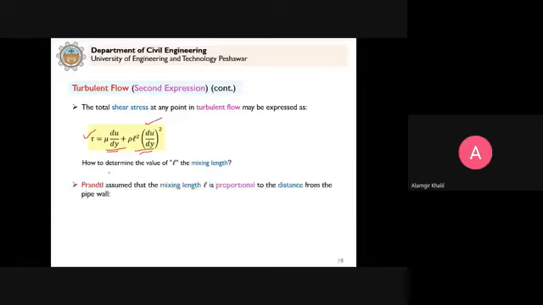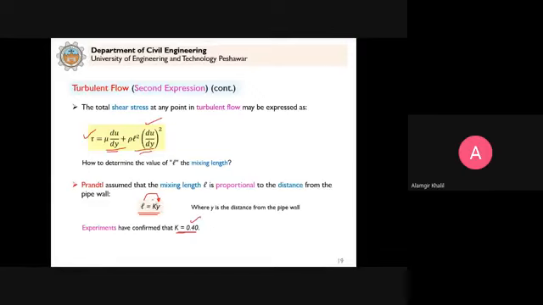Prandtl assumed that the mixing length L is proportional to the distance from the pipe wall. This was very clever thinking. Later on it was verified that this length L is proportional to the distance Y from the pipe wall. You remember Y is the distance from the pipe wall toward the center of the pipe. When you change proportionality into equality, we multiply this with K, a constant, and experiments have confirmed that it has the value of 0.40.